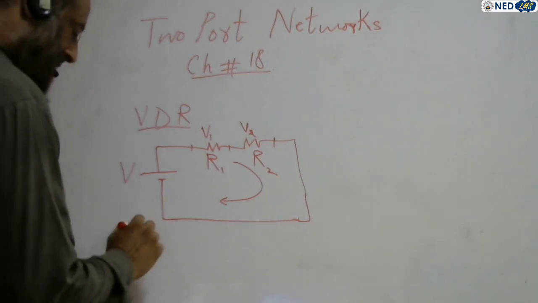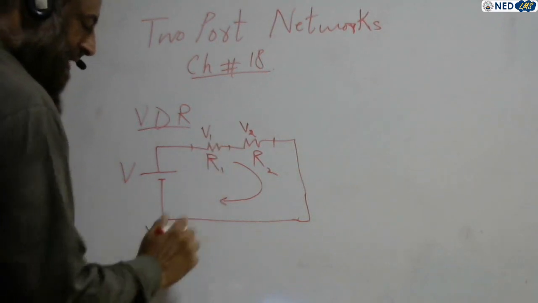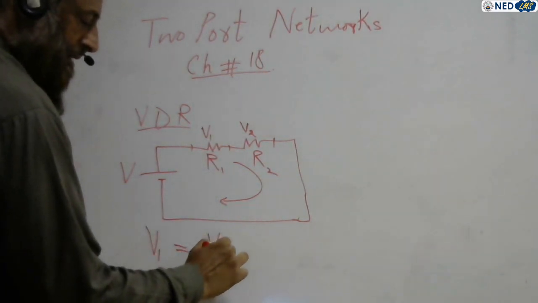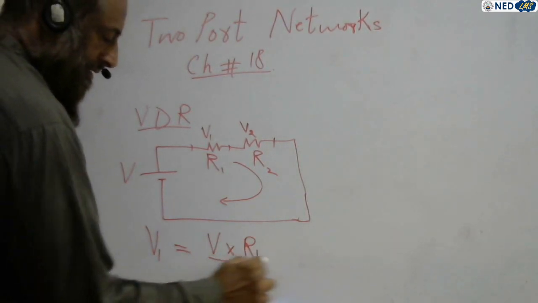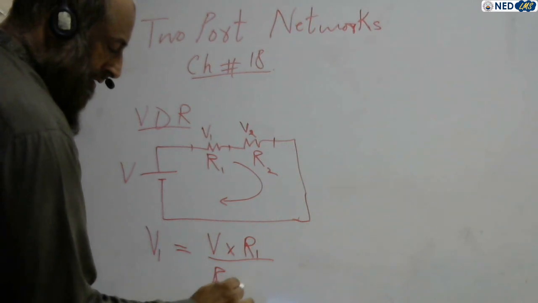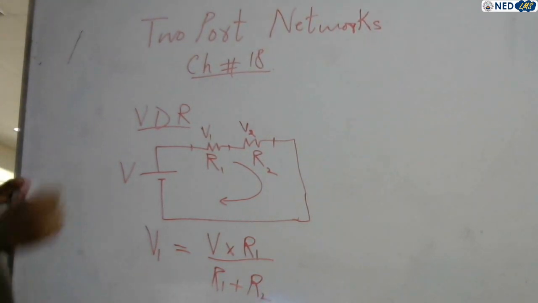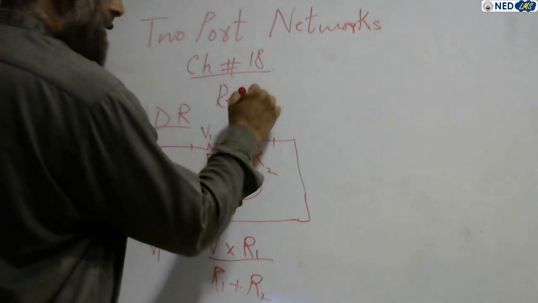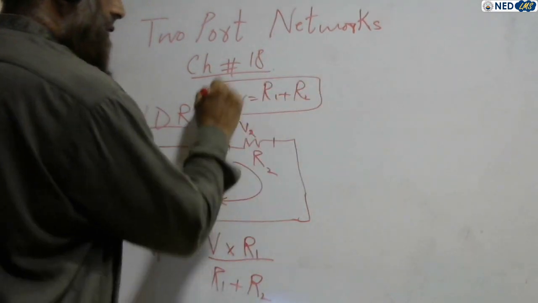So by the voltage division rule, if you want to calculate the voltage across R1, that is V1, it equals the total voltage multiplied by the same resistance over the sum of resistances, that is the equivalent. We know very well the equivalent resistance of two resistances in series is nothing but the sum of these two.